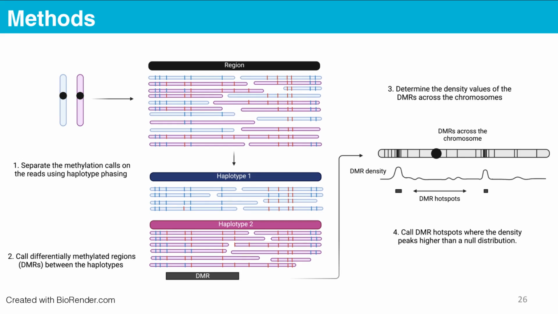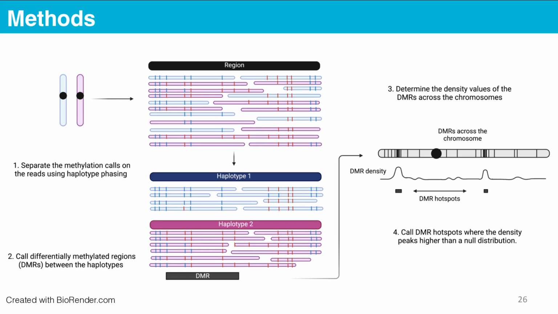So normally these reads are all piled together across the region, but you can separate the methylation calls using haplotype phasing. So the SNPs within these reads can be used to separate out these two haplotypes. And then you can look at changes that are occurring between the two and how the alleles might be different in terms of how they are methylated and regulated.